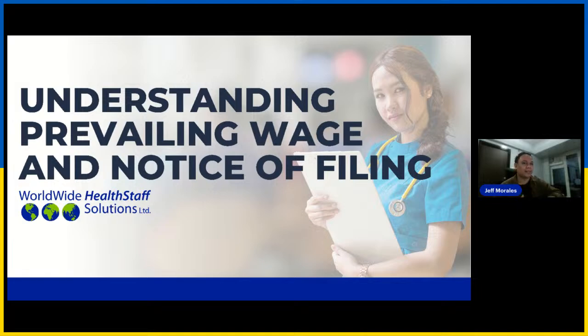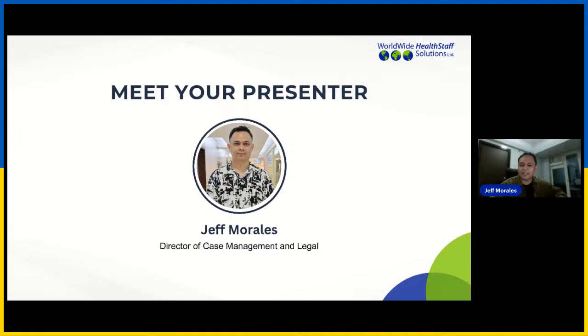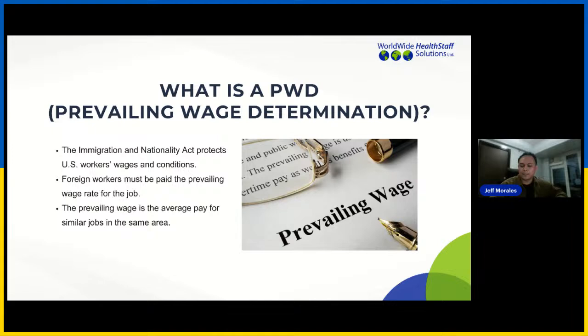Let's start off by defining what a prevailing wage determination and a notice of filing are. There's an act or a law in the U.S. called the Immigration and Nationality Act, which requires that the hiring of a foreign worker will not impact or affect the wages and working conditions of U.S. workers.